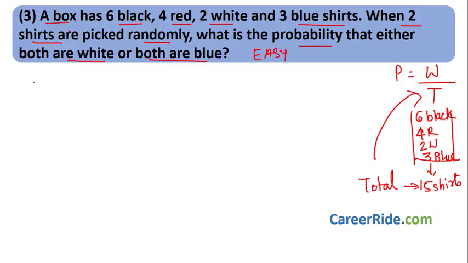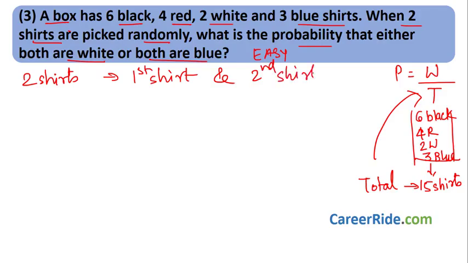What have they given? They pick out 2 shirts. That means they pick the first shirt and then they pick the second shirt. And means multiplication, right? Now over here, please remember that they pick the first shirt and do not put it back.